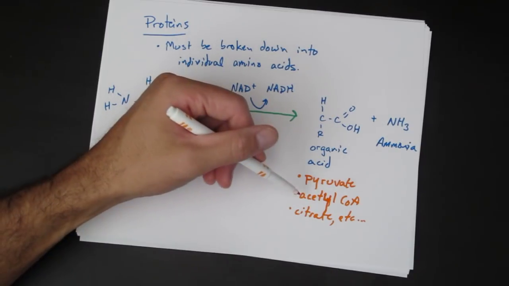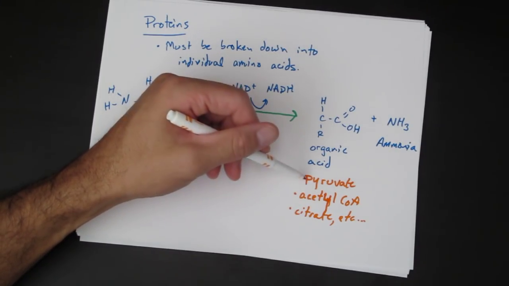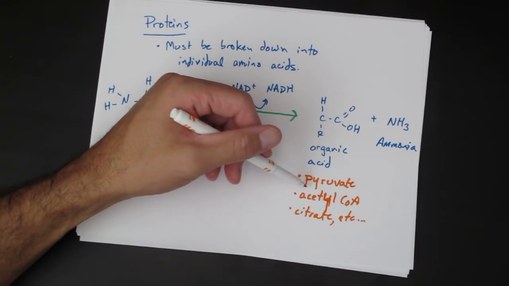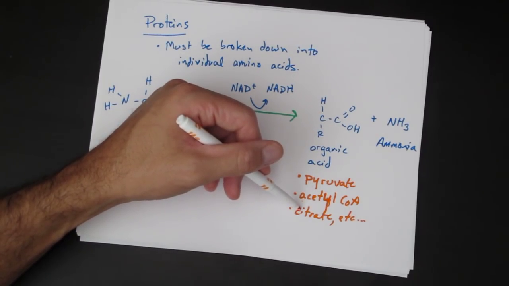The bottom line is that all of these are going to eventually produce ATP. If we start with pyruvate, well, we just went over that pathway. If we start with acetyl-CoA, you can start the pathway that we discussed at acetyl-CoA. If we start with citric acid, you can start there, and so on and so forth.